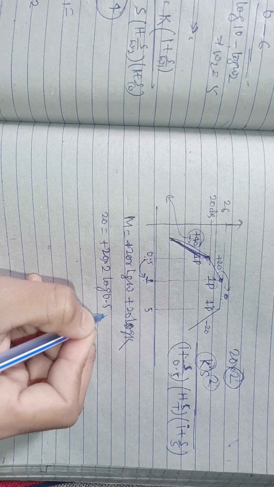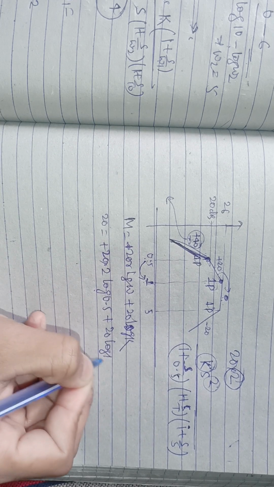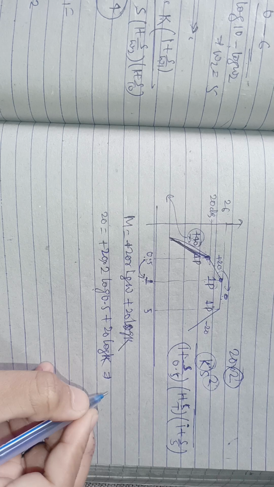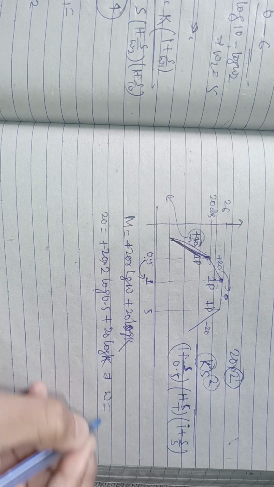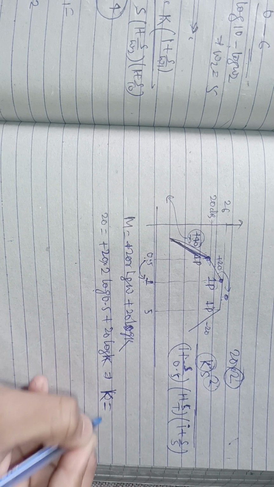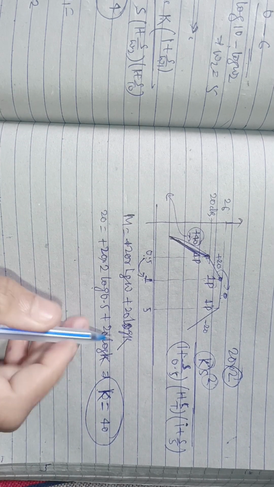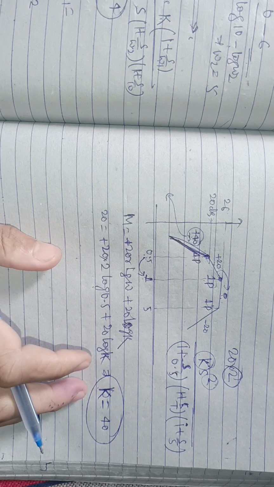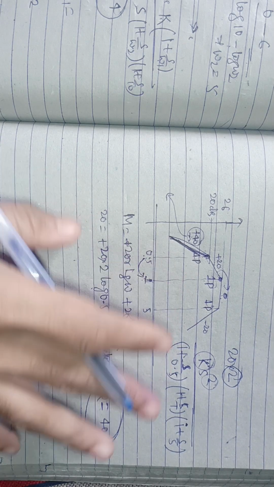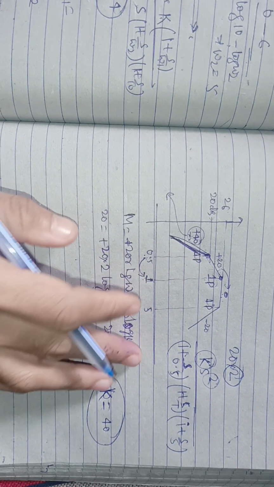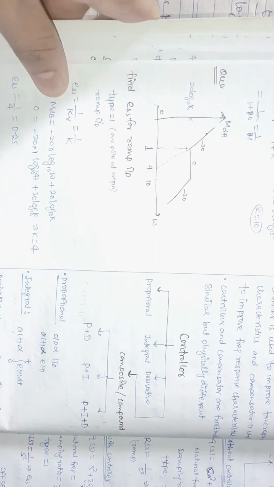Resolving this, we get k equal to 40. In this way we can find the transfer function. Another thing is that two questions are also left.